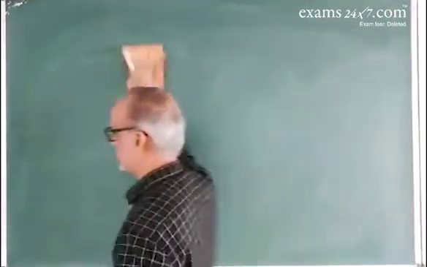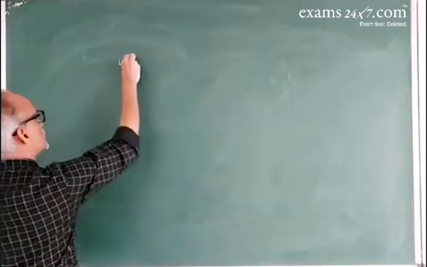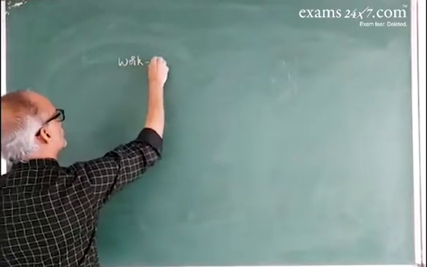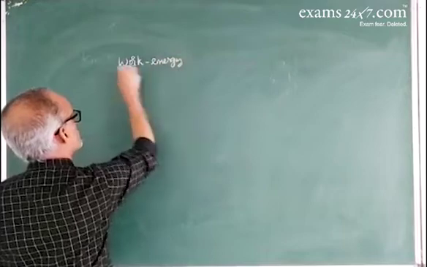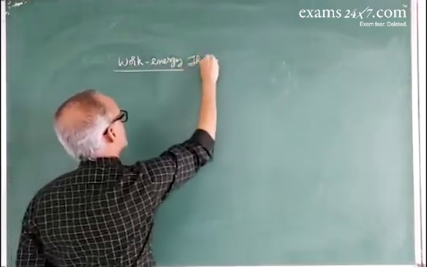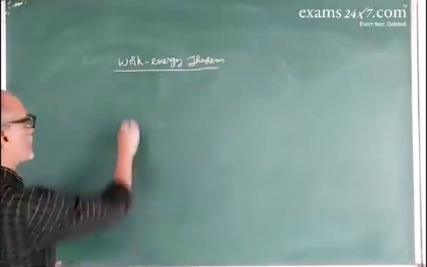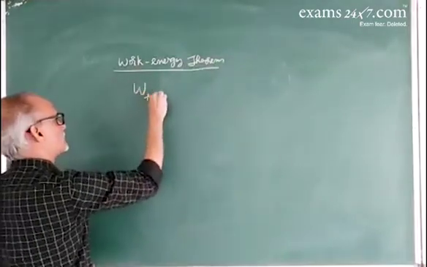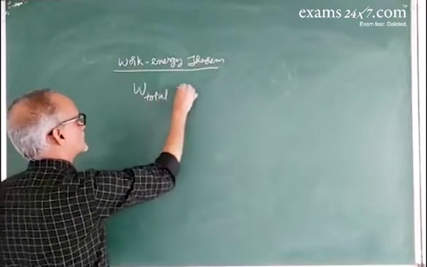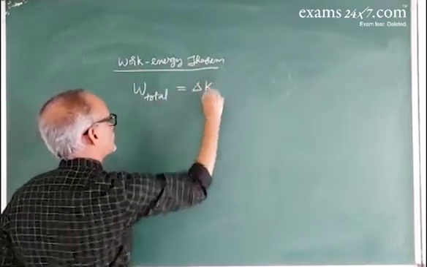So what is the relation between the work and the energy? That we can relate in an important theorem called the work energy theorem. According to the work energy theorem, the net work done, total work done, is equal to the change in the kinetic energy.